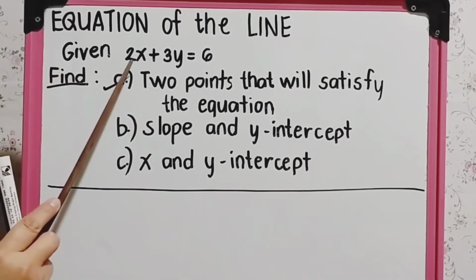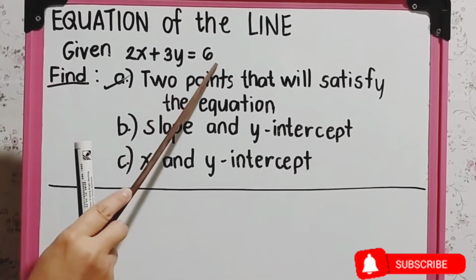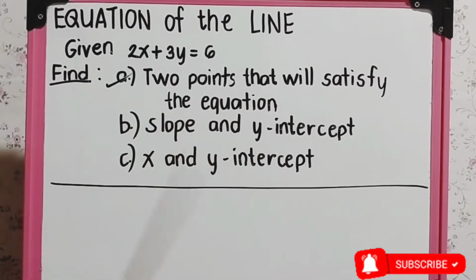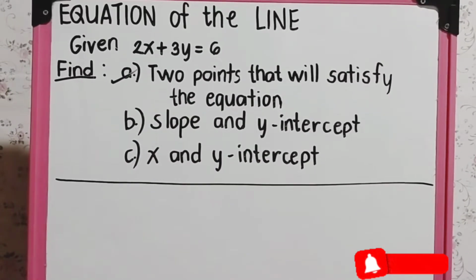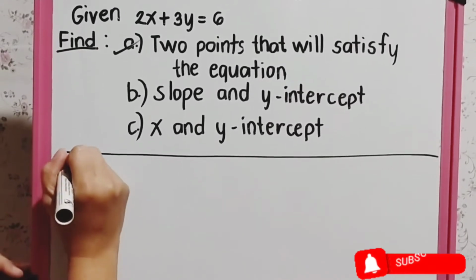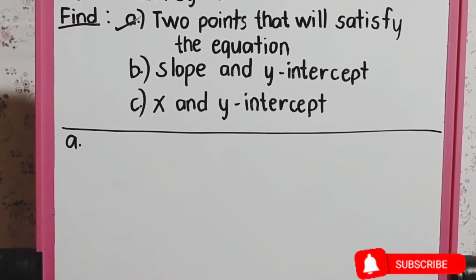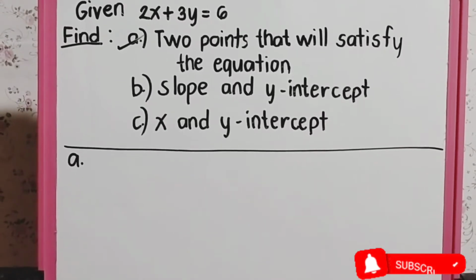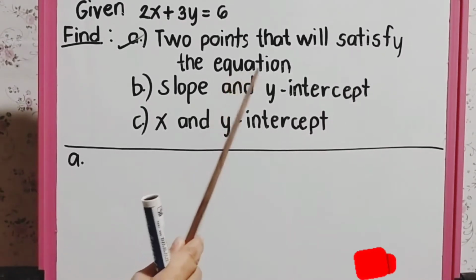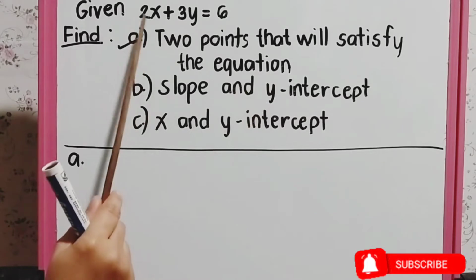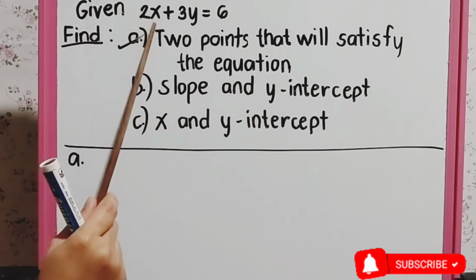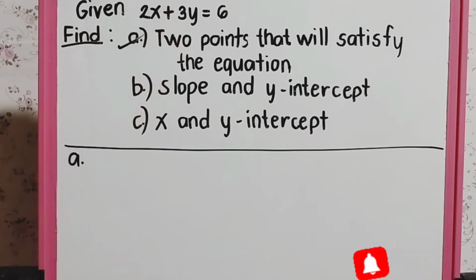Given the equation 2x plus 3y equals 6, let us find 2 points that will satisfy the equation. So, how are we going to do that? Para makahanap ka ng 2 points na magsasatisfy sa equation, all you have to do is to assign any value to your x and substitute it to your equation to find the corresponding value of y.